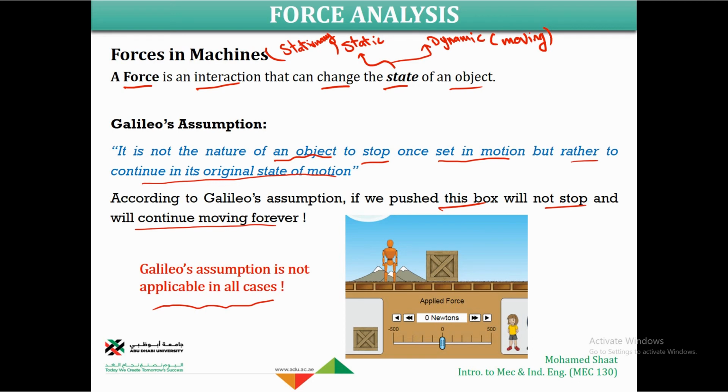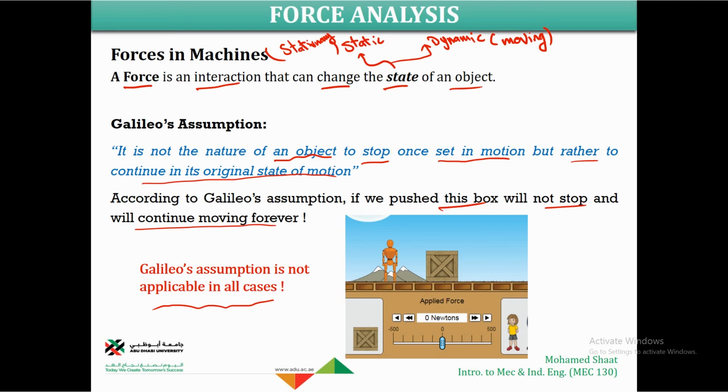So again, Galileo said that if you push this box, it's going to move forever. This doesn't make sense in all cases. It makes sense only in the case where the forces acting on the box are zero. Why? Because the tendency of any force is to change the state.